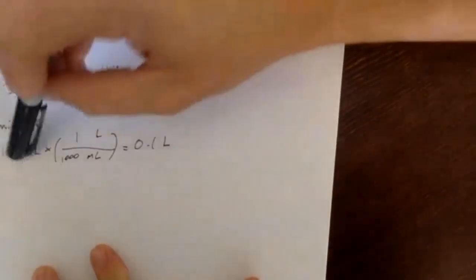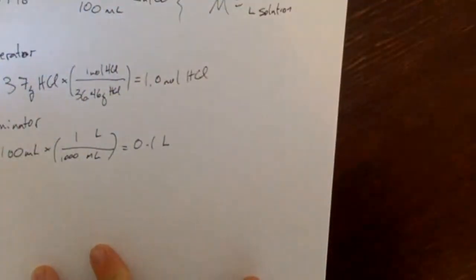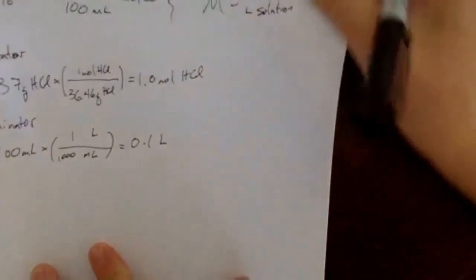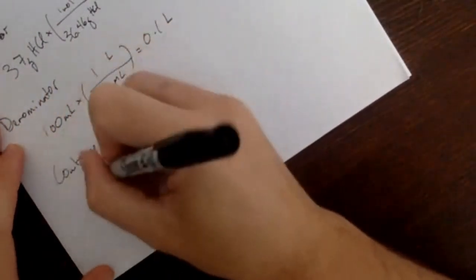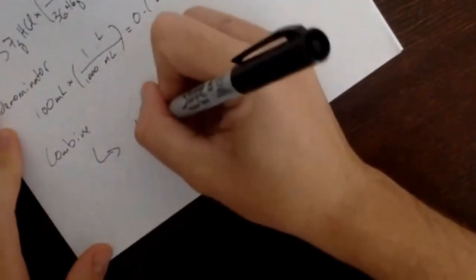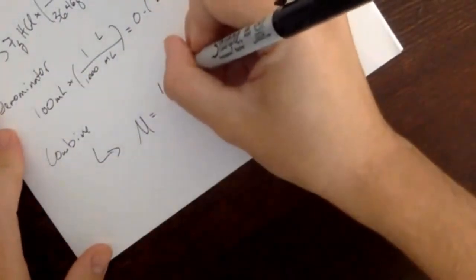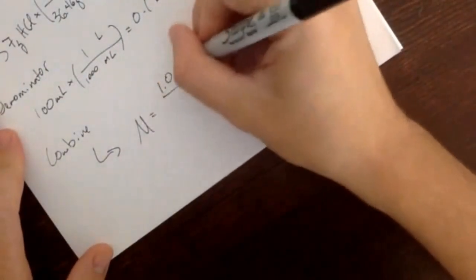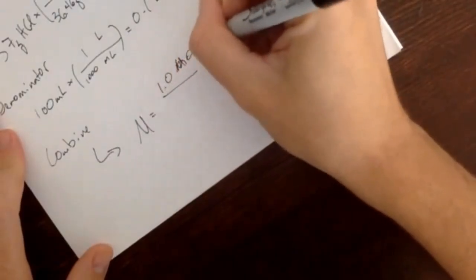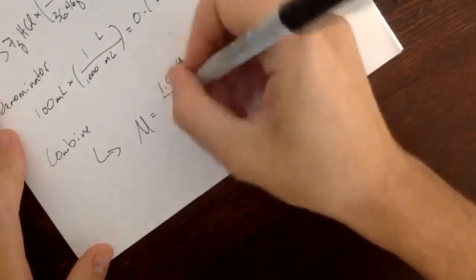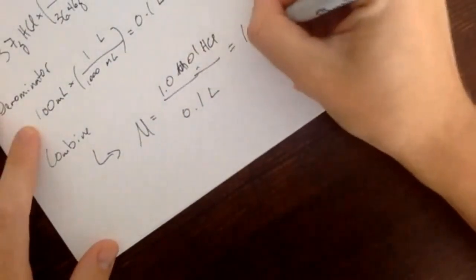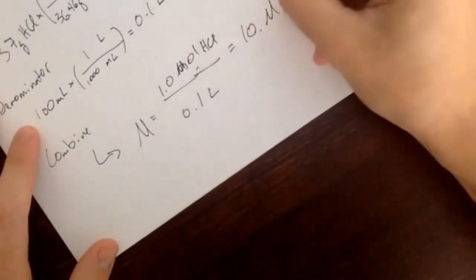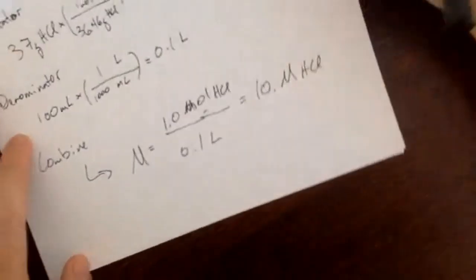My 100 milliliters is equal to 0.1 liters. And finally, I'm going to combine them. I get that my molarity would be equal to 1.0 moles of HCl divided by 0.1 liter. And that would be 10 molar HCl.